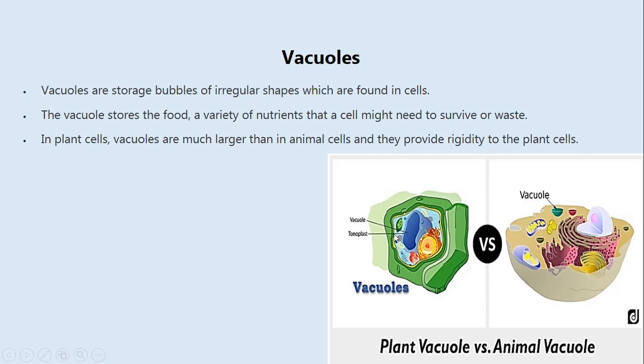In the case of the plant, if we observe, the size of the vacuole is larger compared to the size of the vacuole that is present in the animal cell. And in the case of the plant cell, the vacuoles generally provide rigidity to the cell.